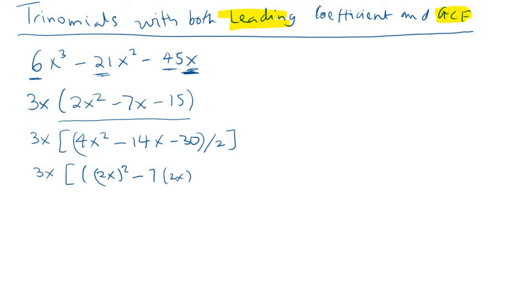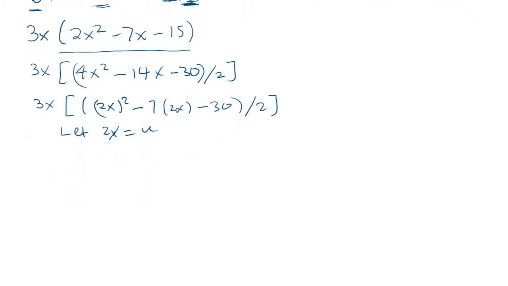It's just going to stay like that. Remember to divide by 2 all the way. Now I am going to let 2x be u. 2x is now our u. And 3x keeps coming down. Then we have u squared minus 7u minus 30, and all of that divided by 2.